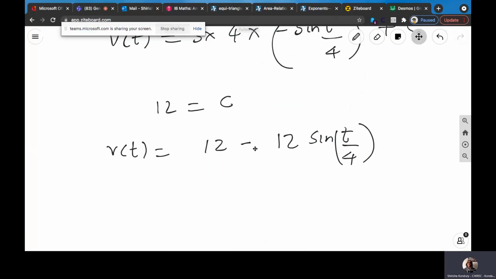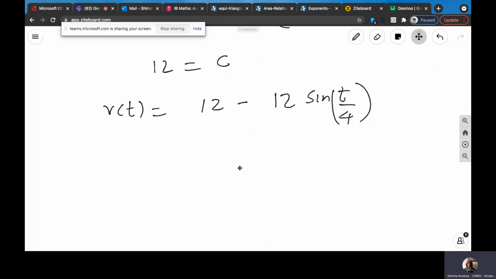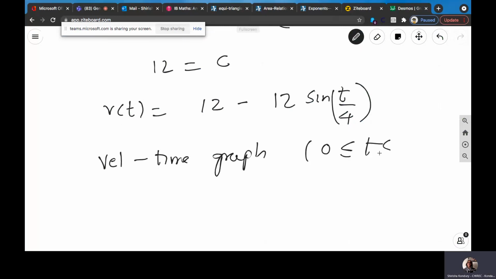Okay. The next question says, sketch the velocity time graph for 0 to 8 pi. So they are asking for the velocity time graph and 0 till 8 pi, clearly showing where the curve meets the axis.